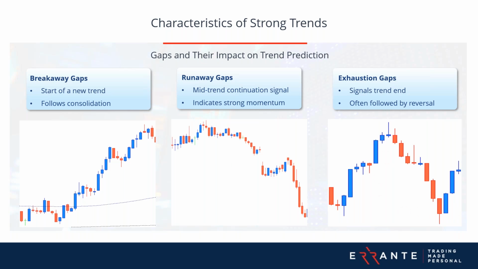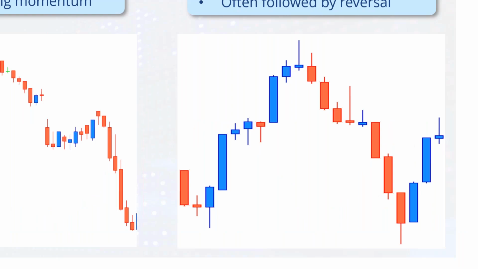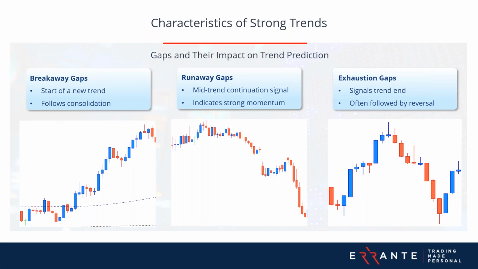For example, you can see here that at the end of this uptrend, we have a tiny gap between these two sessions, and afterward the market fell to the previous bottom, and we see the upward momentum is waning.